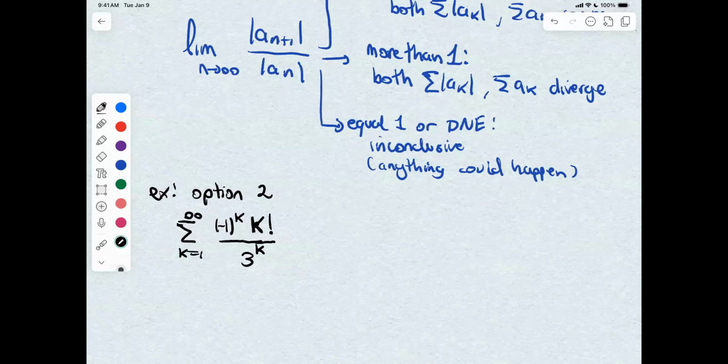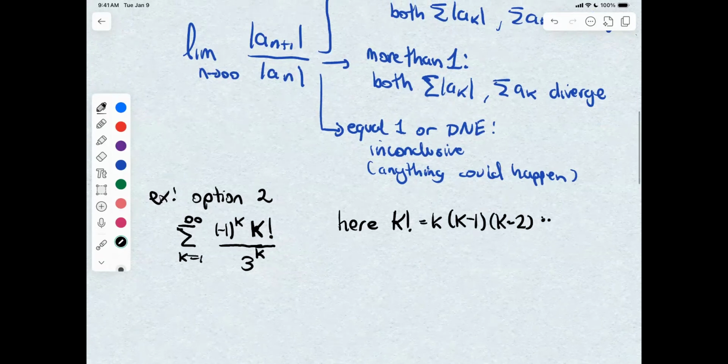So let's say you're trying to analyze the convergence or divergence of that series. And as before, I'm doing this one to just remind you what the factorial of a number is. Here, k factorial means k times k minus 1 times k minus 2 up to, so you multiply all the integers up to k.